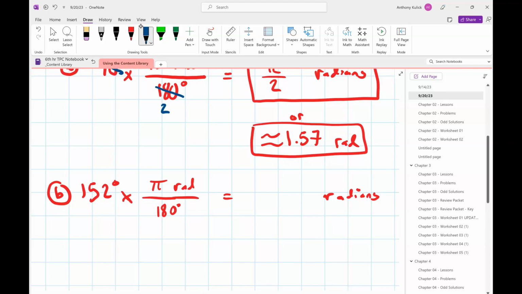Do you guys see a common divisor between those two numbers? Well, 152 is definitely not divisible by 150. That's okay. Are you sure? What are you sure about? 2, right? Because they're both even. So let's do that.